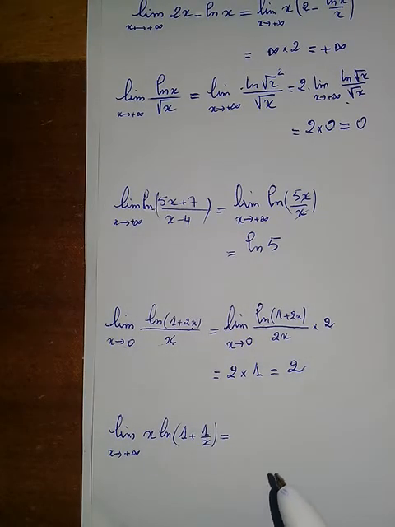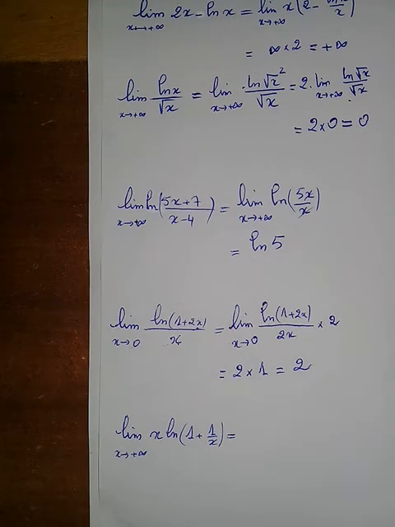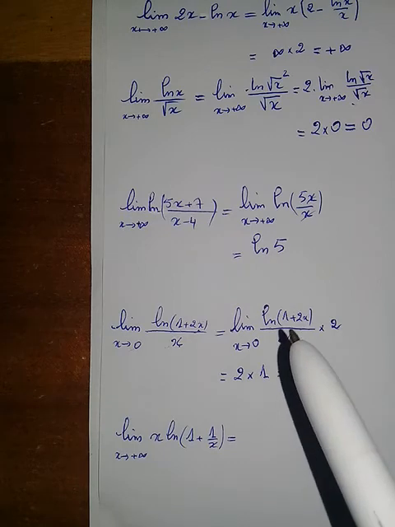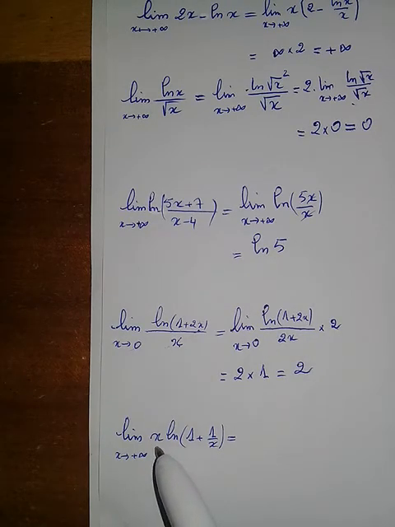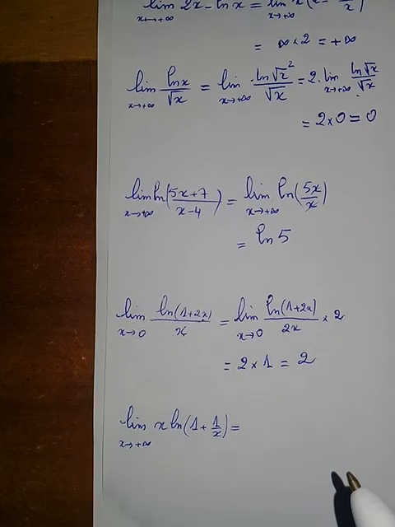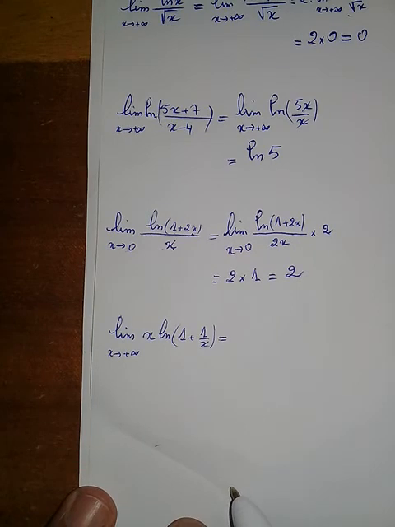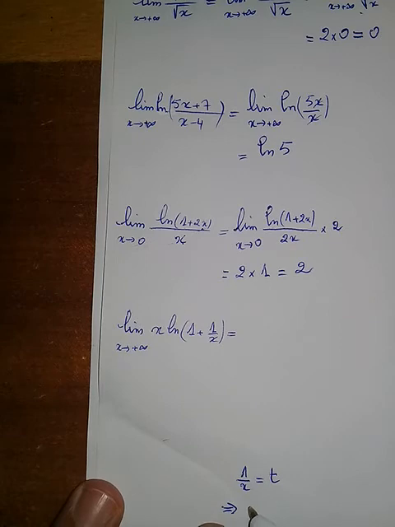We don't have this form in the basic limits, but we can put 1 over x as t, which gives us that x is 1 over t.